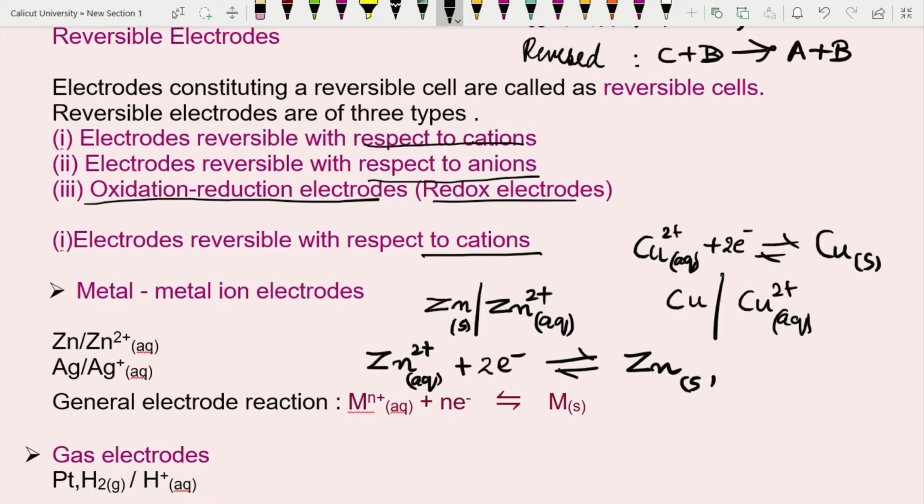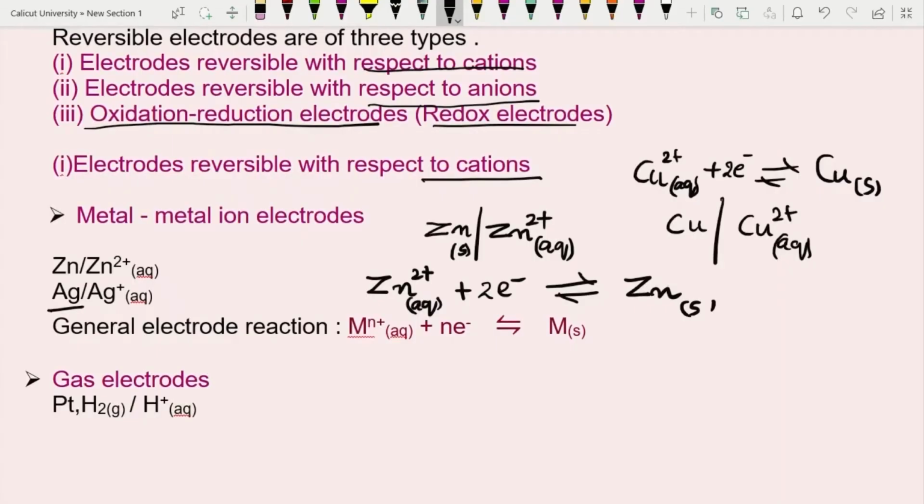Now, do not think that any electrode should always be written with 2 electrons. You can also have electrodes in which we need only a single electron, for example, silver, which we have already shown here. See Ag, Ag plus. Here Ag plus is the oxidized state, which has to take up only a single electron to give Ag solid.